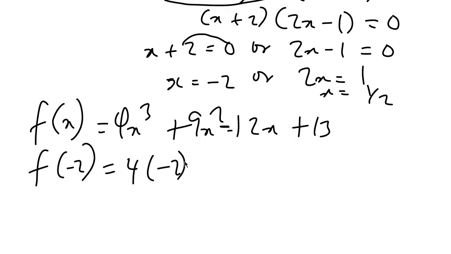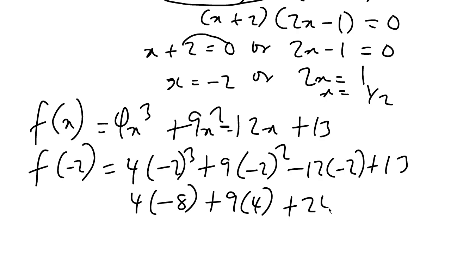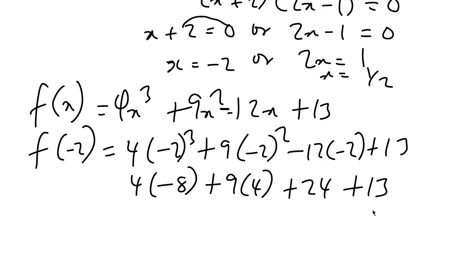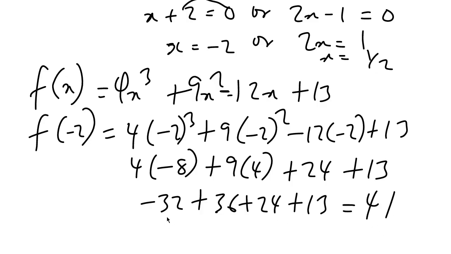That's 4 into minus 2 to the power 3 plus 9 into minus 2 squared minus 12 into minus 2 plus 13, and that's 4 into minus 8 plus 9 into 4 plus 24 plus 13. Alright, so that's negative 32 plus 36 plus 24 plus 13, which is what? 41. Because this is 4 plus 24, 28 plus 13, 41.